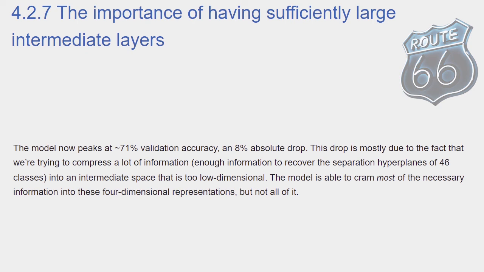The model now peaks at roughly 71% validation accuracy, an 8% absolute drop. This drop is mostly due to the fact that we're trying to compress a lot of information, enough information to recover the separation hyperplanes of 46 classes, into an intermediate space that's too low-dimensional. The model is able to cram most of the necessary information into these 4-dimensional representations, but not all of it.